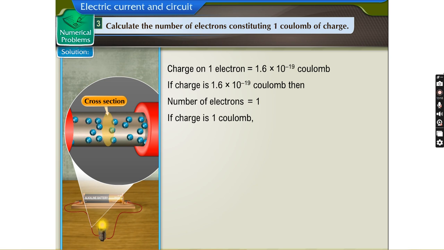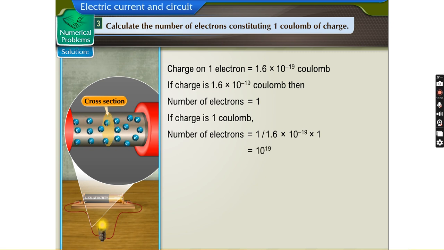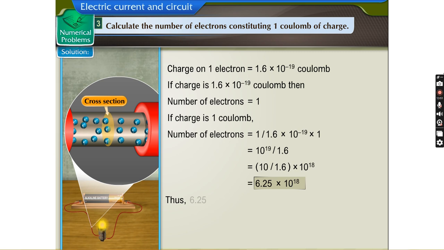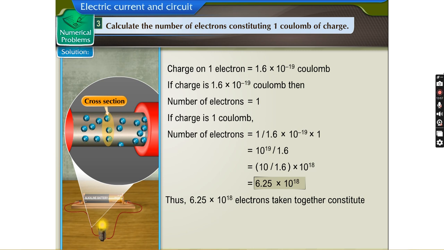So, if charge is 1 coulomb, then number of electrons is equal to 1 upon 1.6 into 10 to the power minus 19, which is equal to 10 to the power 19 divided by 1.6, which is equal to 10 divided by 1.6 into 10 to the power 18, which is equal to 6.25 into 10 to the power 18. Thus, 6.25 into 10 to the power 18 electrons taken together constitute 1 coulomb of charge.